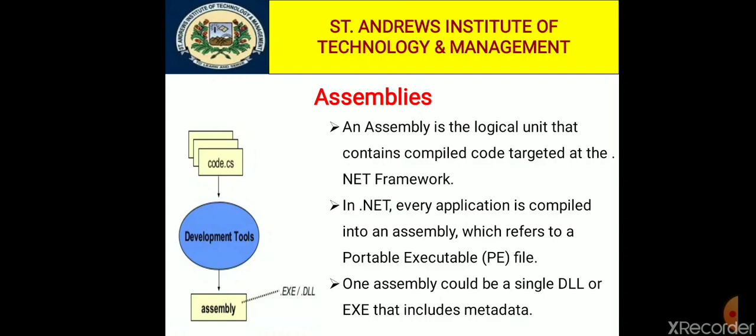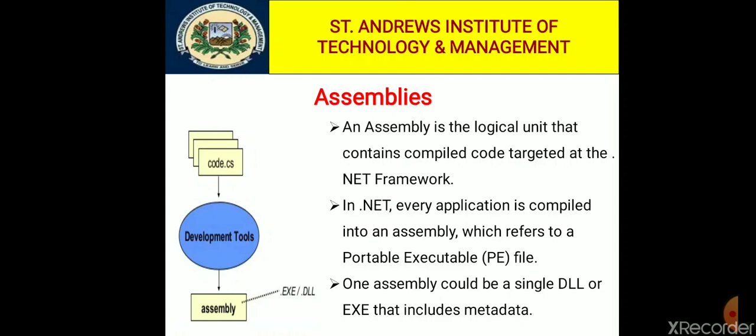We insert the written source code in development tools, and after compilation, a logical unit is created. It's called an assembly, and its extension is .exe or .dll. So an assembly is the logical unit that contains compiled code targeted at the .NET framework.